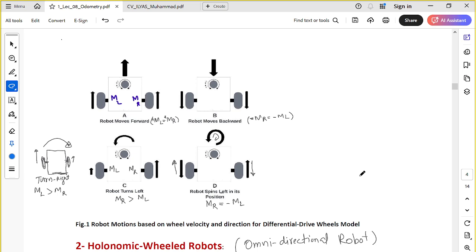So you might know from your lab practice that you can move your robot forward, backward, turn left, turn right, depending on the speed of your motors. If, for example, ML is equal to MR, both motors have the same speed and both are moving in the forward, plus direction, so your robot will move forward.